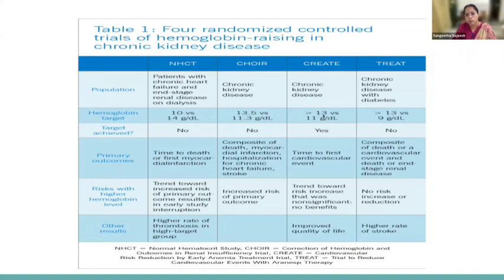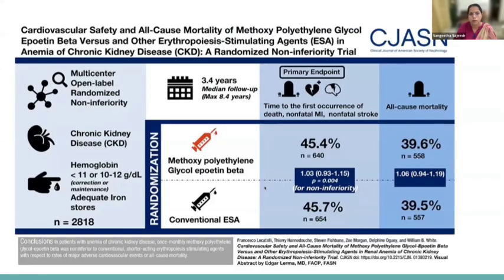For CREATE it was 13 versus 11 gram per deciliter, and for TREAT 13 versus 9 gram per deciliter. But targets were not achieved in many, because the primary outcome, a composite of death, MI, hospitalization for chronic heart failure, stroke, etc., was very high in the higher hemoglobin group. Due to the increased risk of the primary outcome, the hemoglobin target level was reduced.